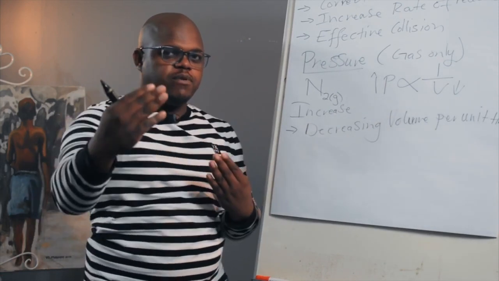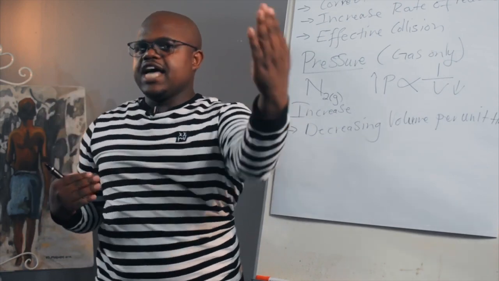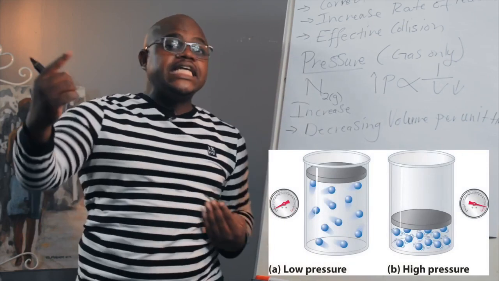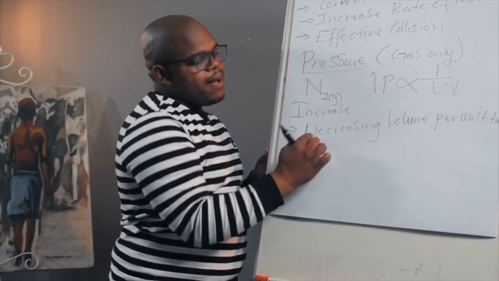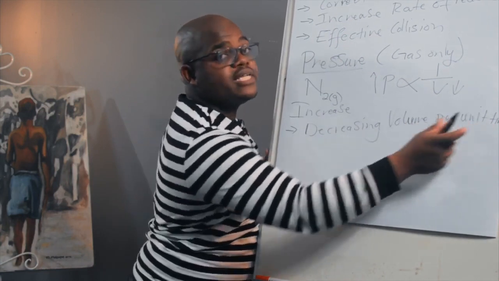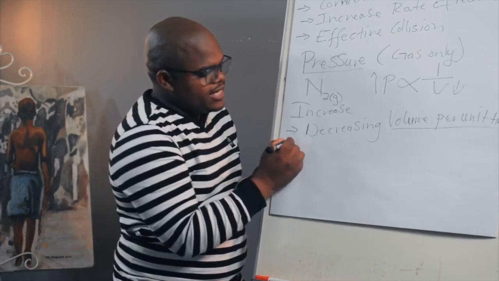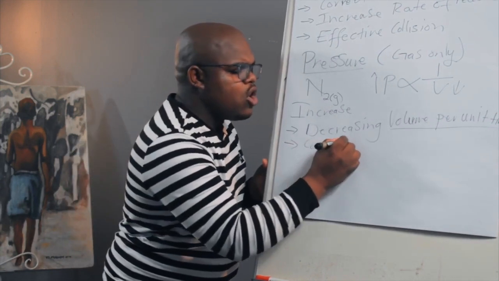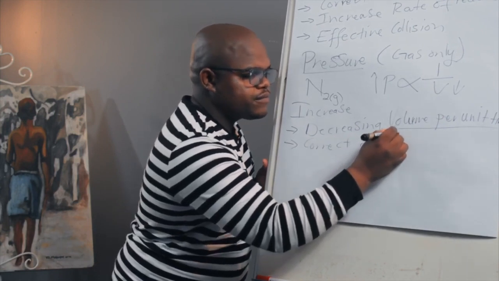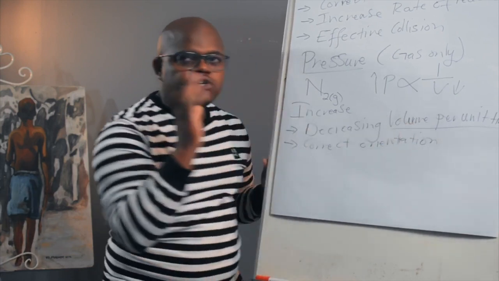If they are inversely proportional, if the other increases, the other should what? Decrease. If the other decreases, the other should what? Increase, okay? So that's why we say when I increase pressure, I'm decreasing the volume per unit time. So the volume will what? Will decrease. If the volume decreases, that means there will be what? Correct orientation. Orientation, okay? There is correct orientation.